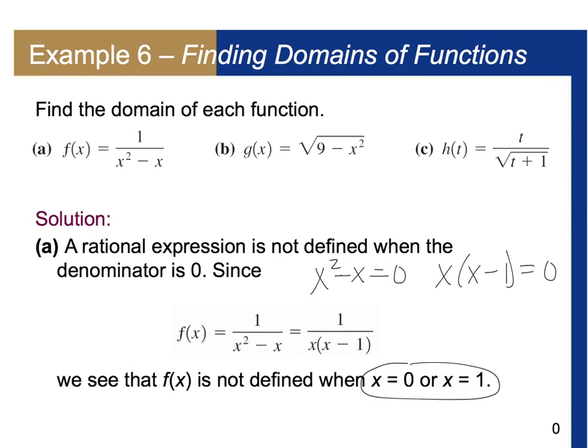So that would be the numbers that we cannot use. Okay, so our domain here would be all real numbers, and we can't use these two. So x is not equal to 0 or 1. The reason for that is because when you have 0 or 1 for x, you're going to get 0 down here, and you can't divide by 0. And we did that by factoring that denominator and setting it equal to 0.